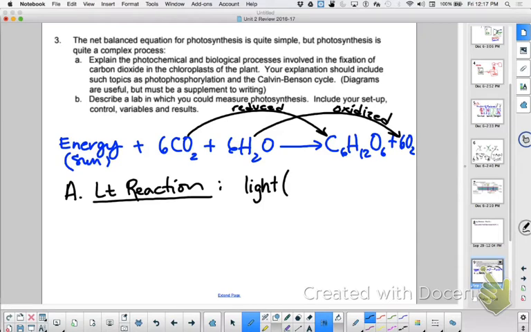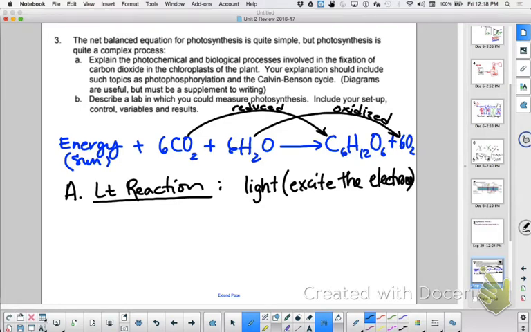Photosynthesis. Here comes the sun traveling in waves. Particles of light are called photons, and you're exciting what? The electrons. Okay, so that's the whole point of the light, is to get the electrons at a higher energy level.